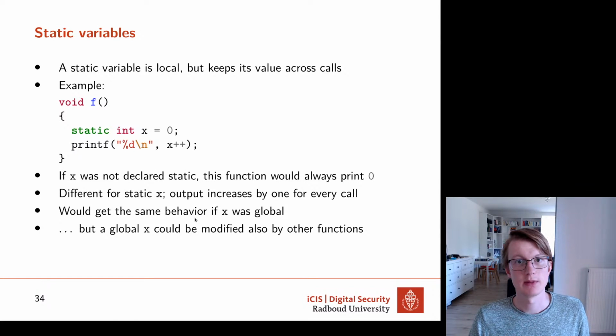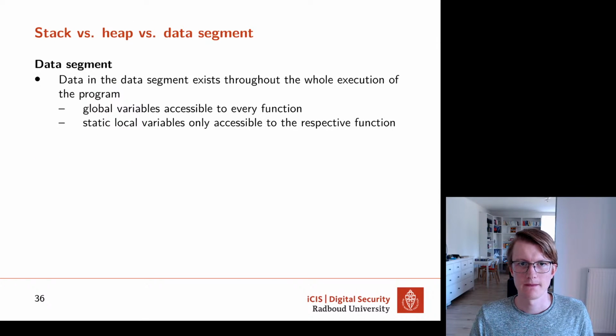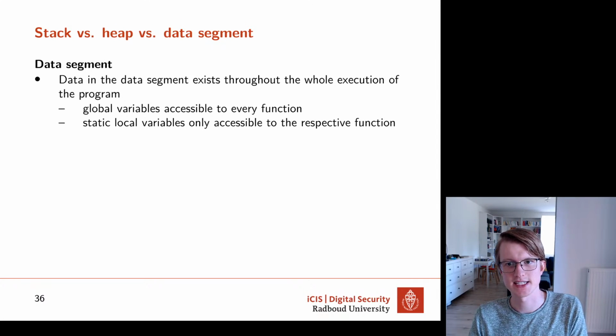Again, you would get the same behavior if x was a global variable, but then the semantics are slightly different because other functions could in principle still access it. So wrapping this up, we have the stack, we have the heap, and we have the data segment.